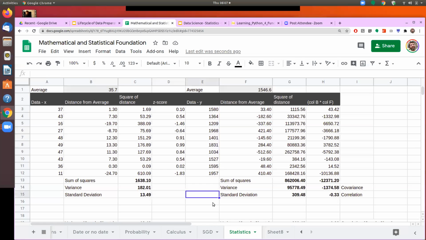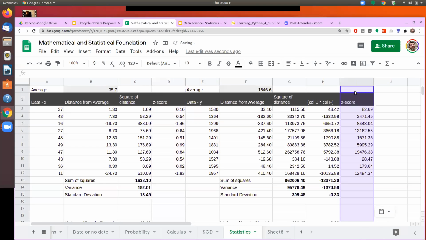But I want to see, for both of them, what the dispersion is, or how far each of these data elements is from the mean. So if I take the z-score and copy that here, the C15 becomes F15.